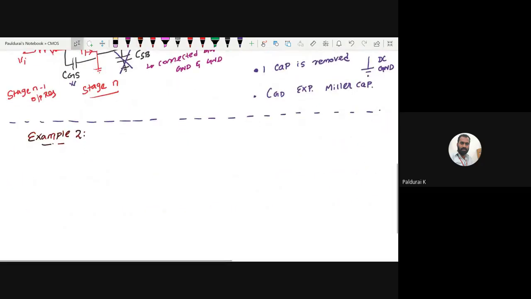For that I want to take this. Draw with good spaces, I will let you know why. Take this is my M1, right? There I want to give Vn.